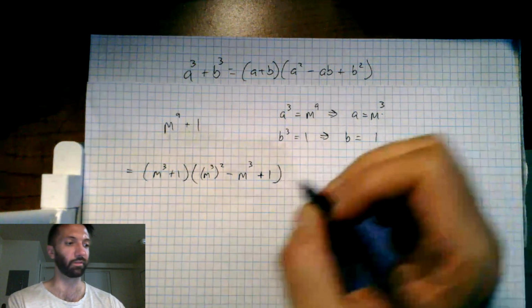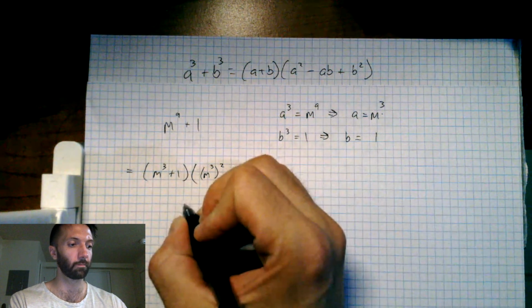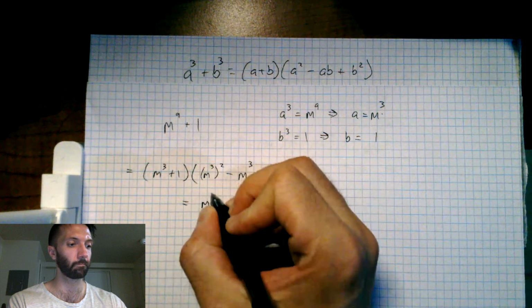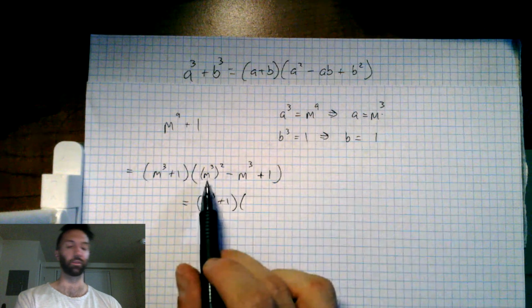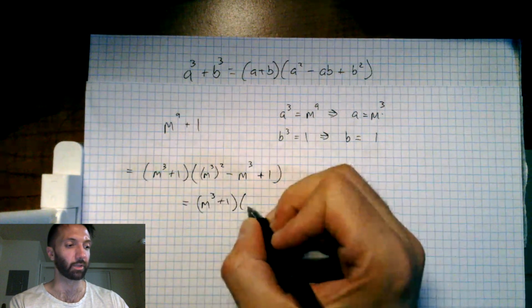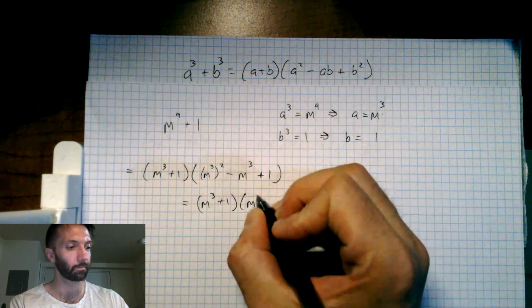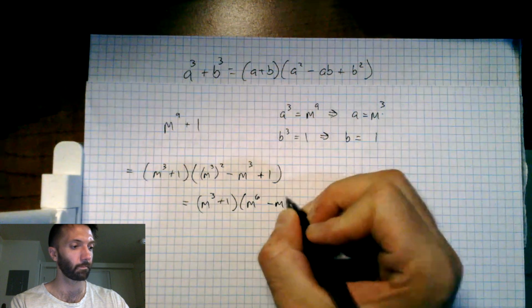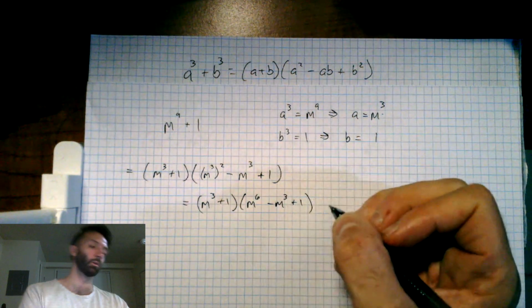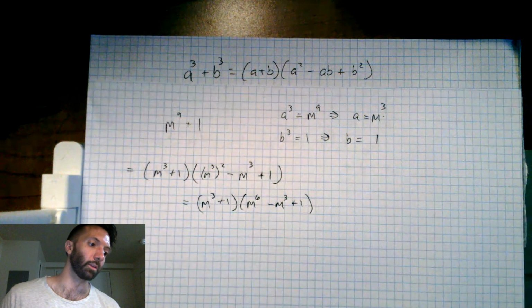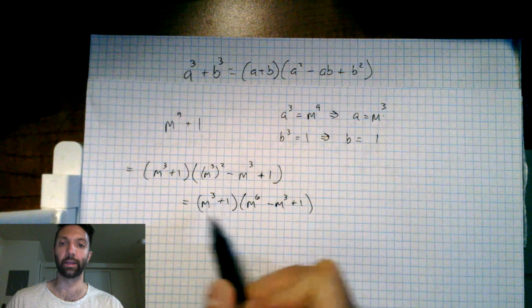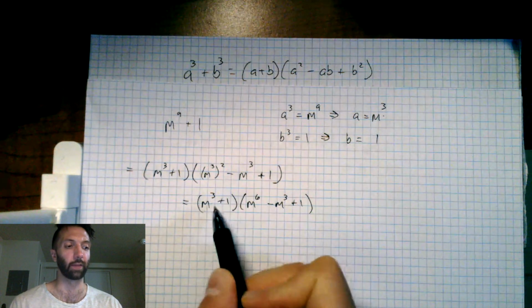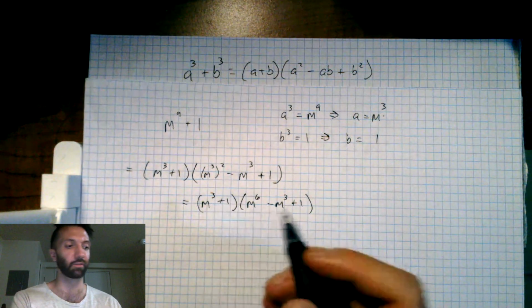All right, so we'll simplify this down. m to the third times itself is m to the sixth. All right, and now again it looks like we factored our sum of cubes, but now this here again is a sum of cubes. This factor m to the third plus 1 is a sum of cubes.